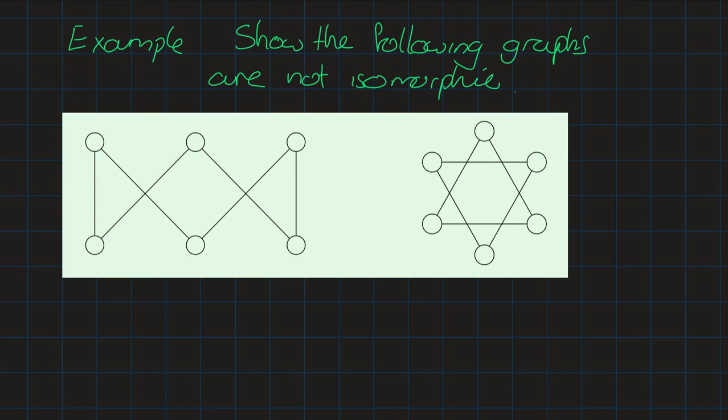The one on the left has 1, 2, 3, 4, 5, 6 edges, and the one on the right has 1, 2, 3, 4, 5, 6 edges. Okay, let's work out degree sequences. Well, if you think about it, all of the degrees here are 2. And on the right, all of the degrees are 2.